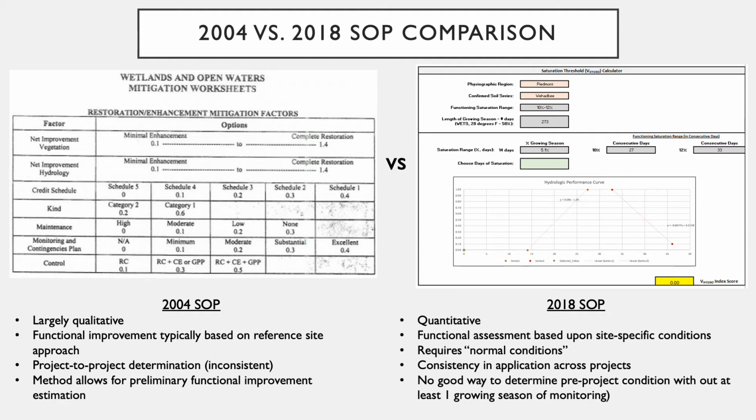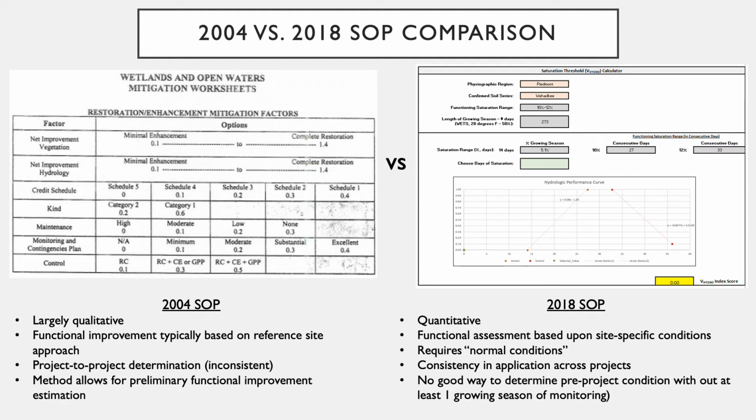So we had a net improvement in vegetation, a net improvement in hydrology, both of which ranged from a 0.1 on the low end to a 1.4 functional increase that could be realized via restoration. In between this range, it was really quite difficult to establish what type of activity resulted in a certain type of functional increase. And so it was inconsistent, but it did allow for this preliminary estimation of function.